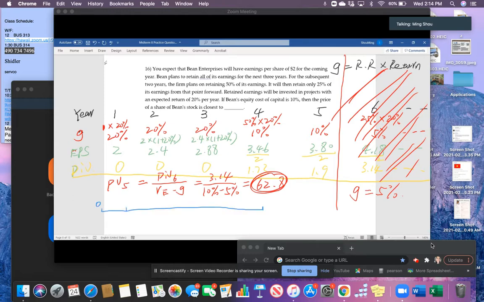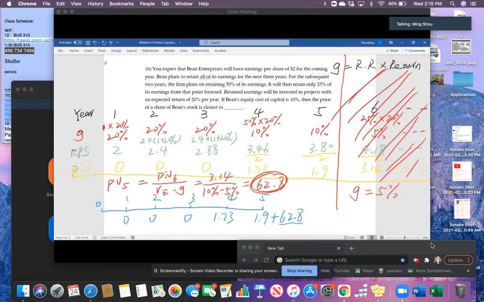Okay, the 5 years, 1, 2, 3, 4, 5. From the beginning, no cash flow, because from the beginning we do not receive any dividends. In year 4, we receive $1.73 in dividends, and in year 5, we receive $1.9 in dividends, and we also need to add this 62.8 because we convert all the future cash flow into year 5's value.